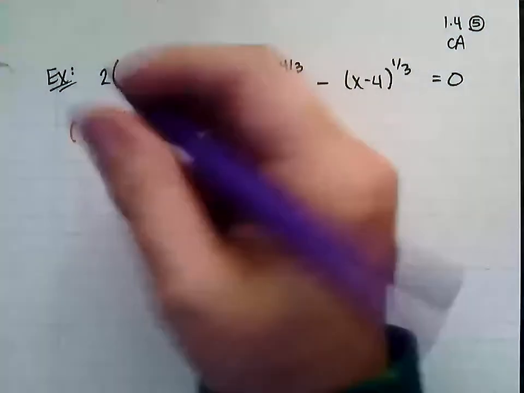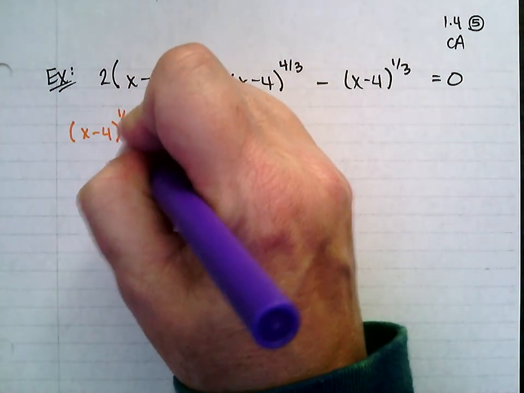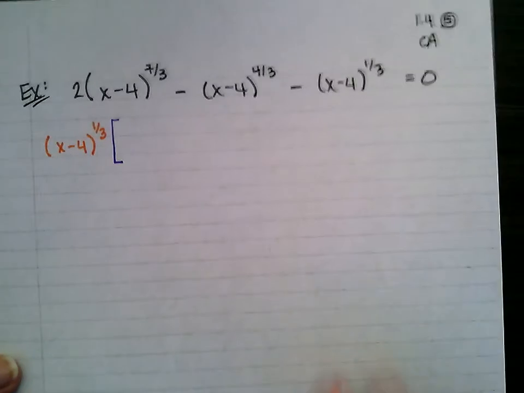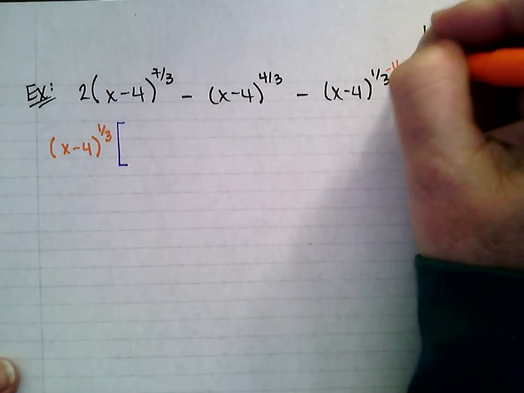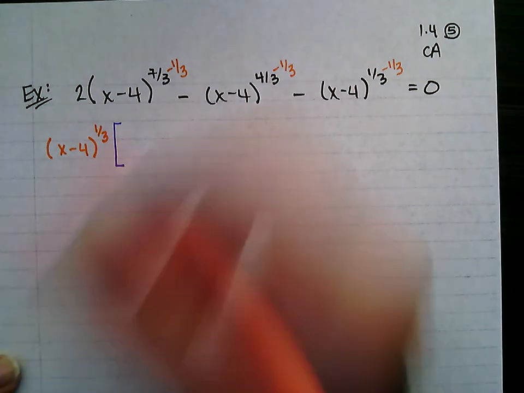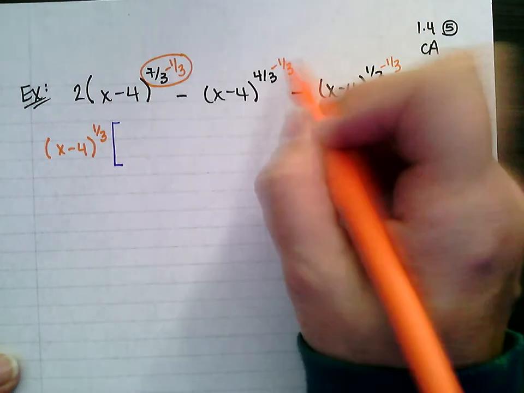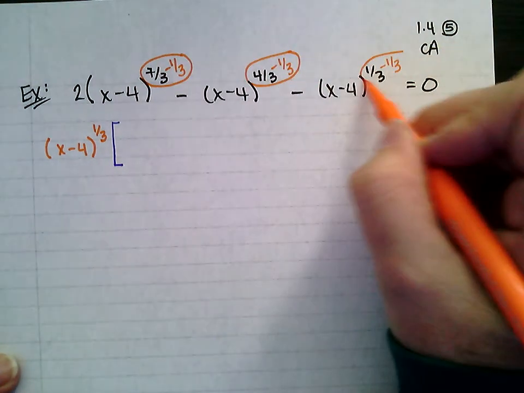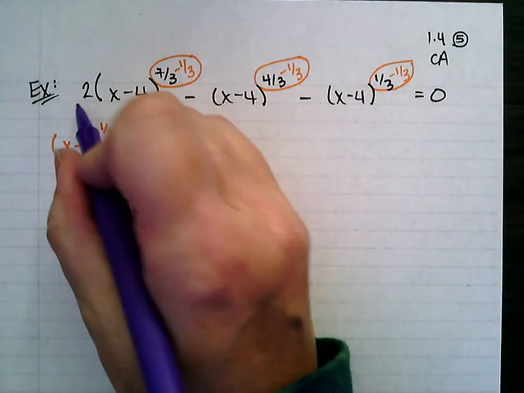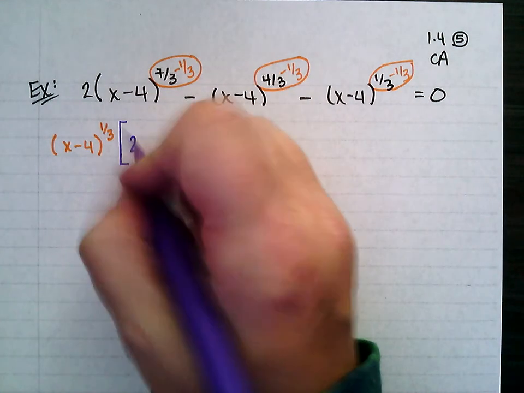And then that's going to leave us a bunch of stuff in there. I'm going to give it a square bracket this time because I feel like there's going to be more. So I have to subtract 1/3 from each exponent. So that is going to be my new exponent when I get on to the next line. Okay. The 2 is going to stay from here.